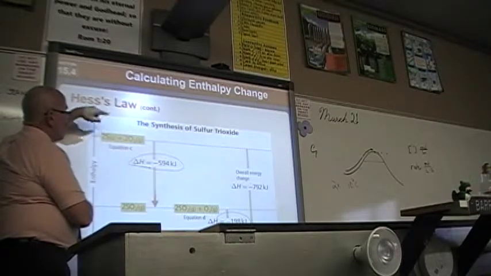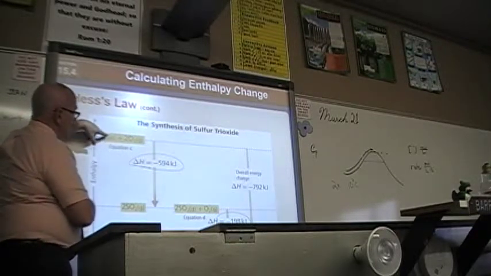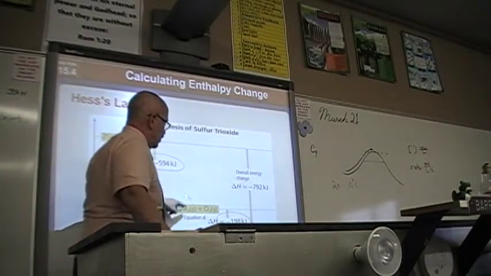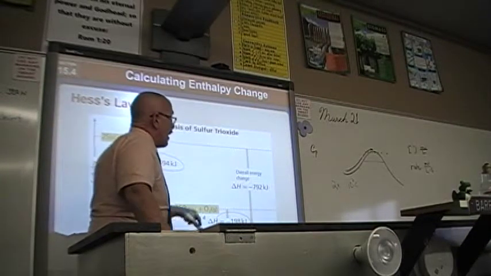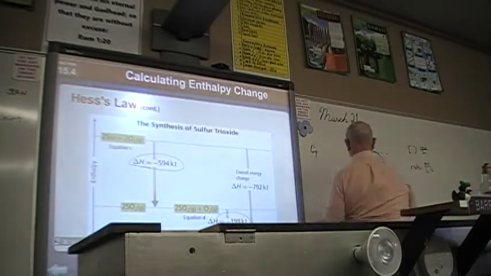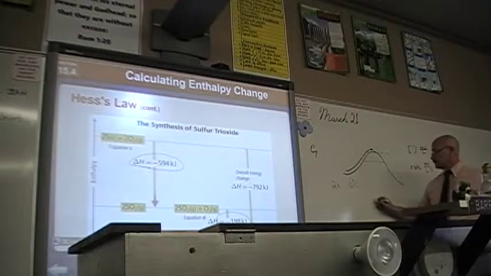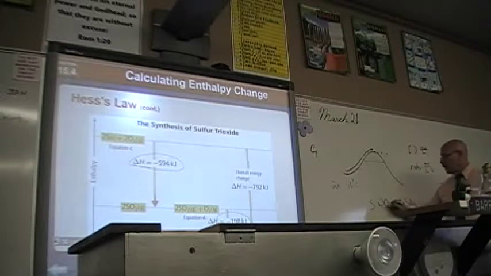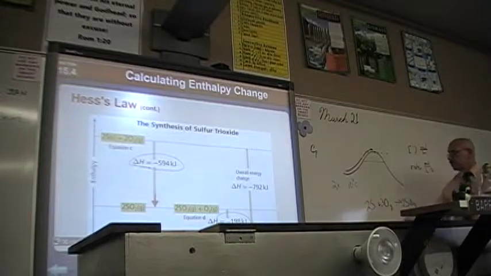So we need to make sure that this reaction, this plus this equals this, and this reaction, this plus this equals this, balance out to the final reaction. Let's see if we can do it real quick. Sulfur plus oxygen produces SO3 is what we're trying to get to. So 3, 2, 2.